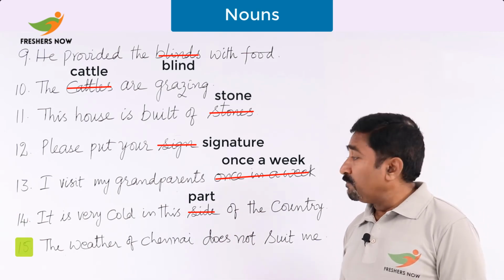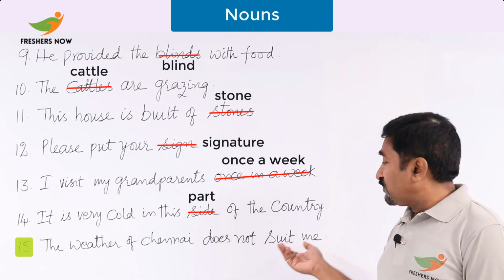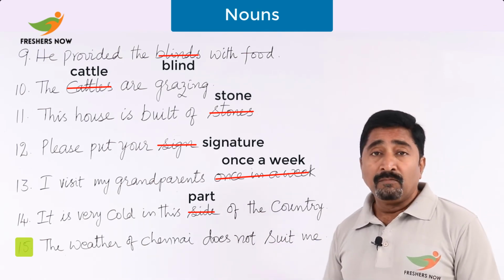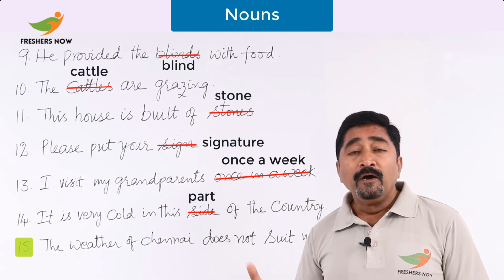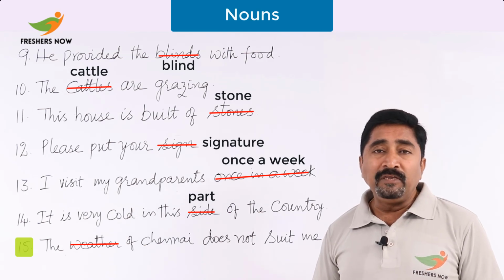Now let's see the next one. The weather of Chennai does not suit me. You should know the difference between weather and climate, and so that it is very easy.